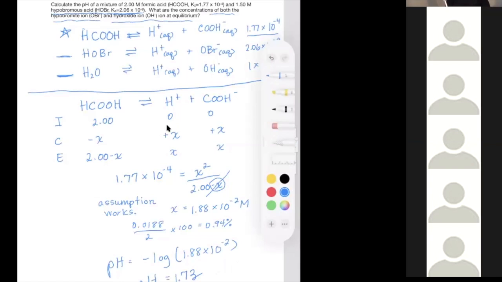We have the pH, but we haven't really calculated what we were asked for. So we need to go back to these two equations that we ignored. And I'm going to do it over to the side in red. So the K value for the hypobromite would be represented by this equation.